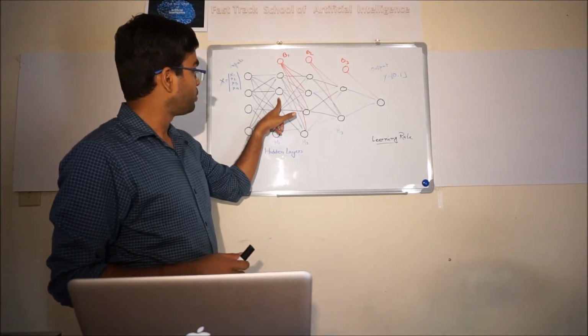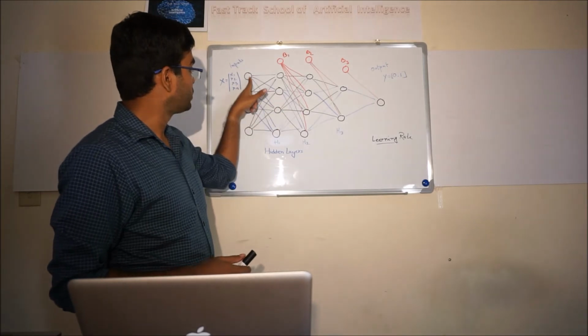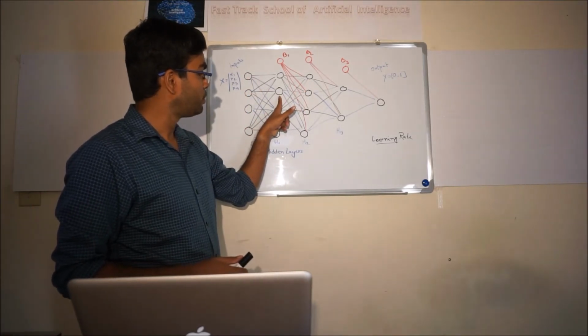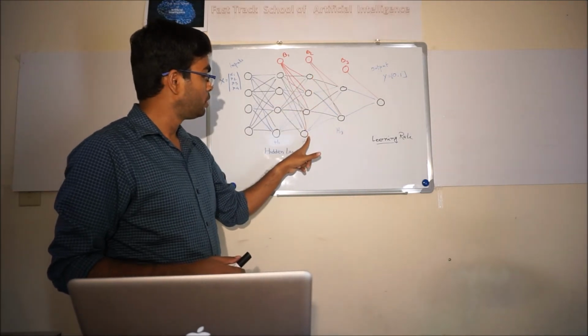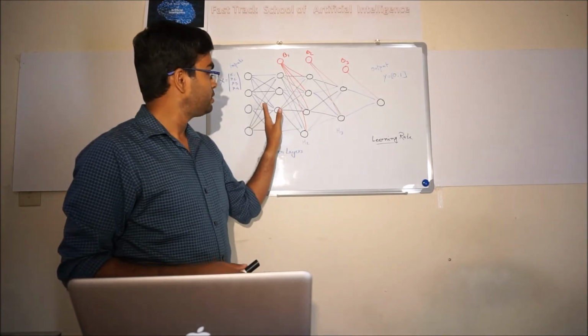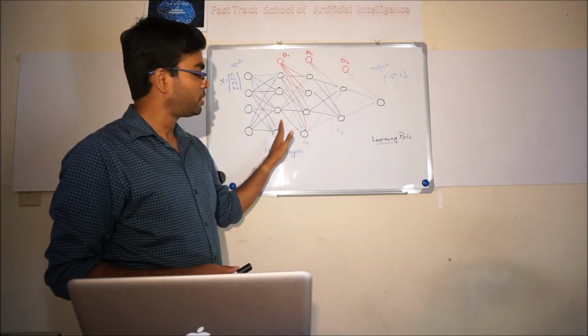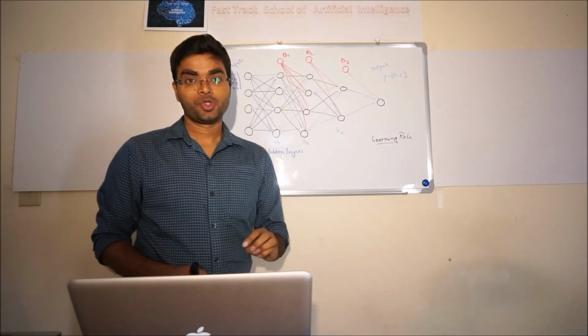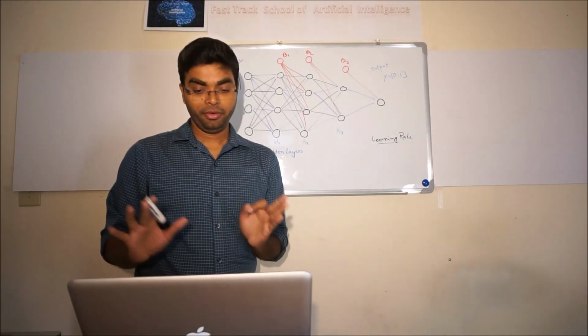If you see this example, this particular neuron is connected to all the inputs, and this same neuron is connected to all the neurons in the next hidden layer. This particular layer is called a dense layer or fully connected layer. Next, we are going to discuss the flatten layer.